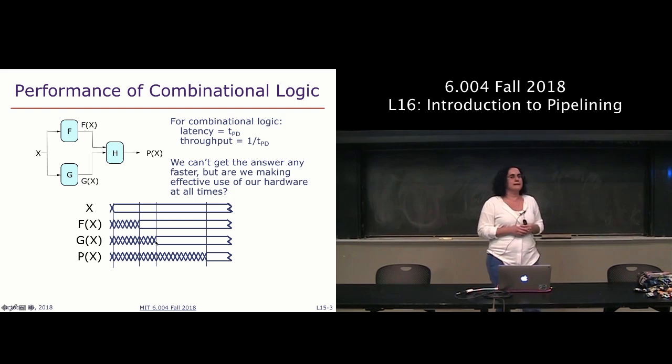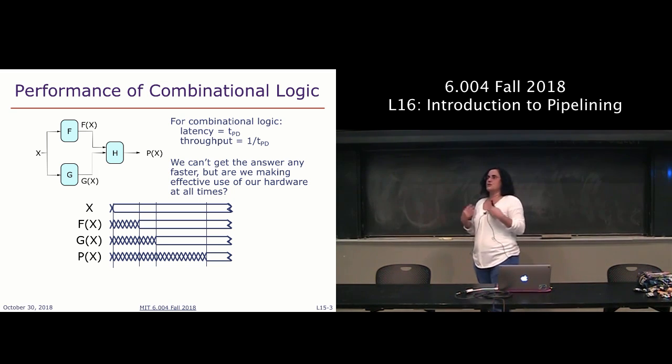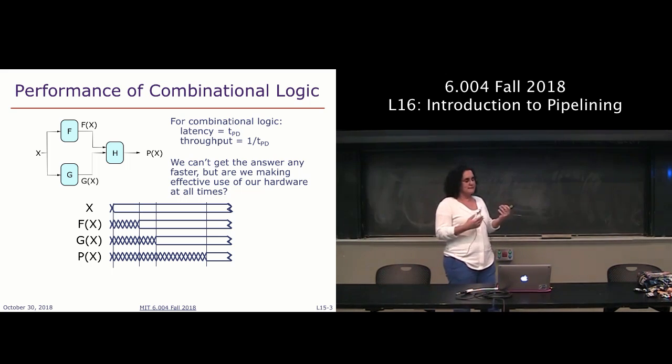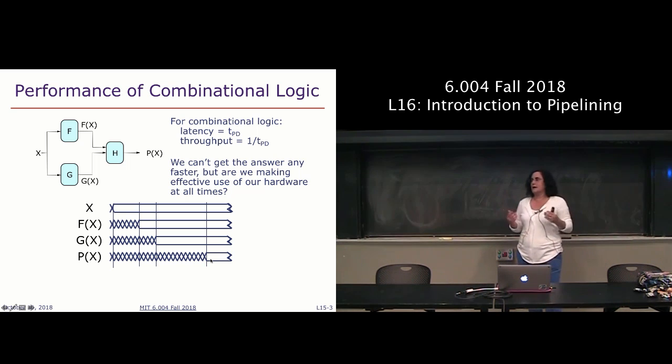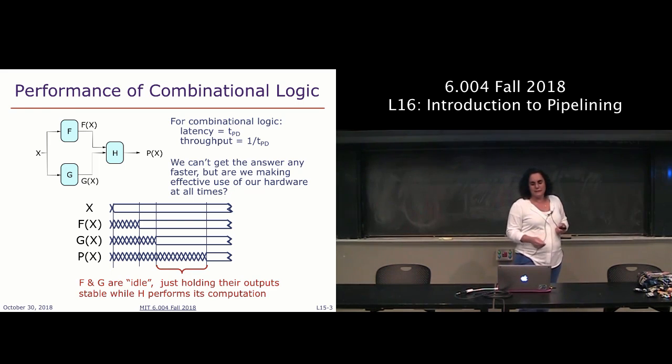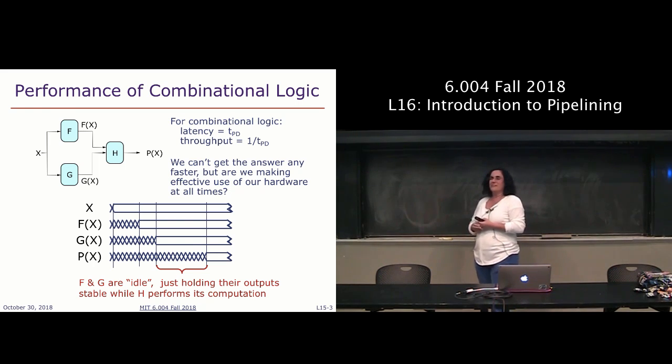Through the timing graphs, we see that in this case G is slower than F, but basically at this time over here, both F and G have their outputs produced, and so now H can begin doing its work, and it'll take another chunk of time, shown over here, until finally we have our valid output P of X. But if we take a close look at this, we'll notice that in this time right here, which is highlighted here in red, which is the time in which H is operating, what are F and G doing?